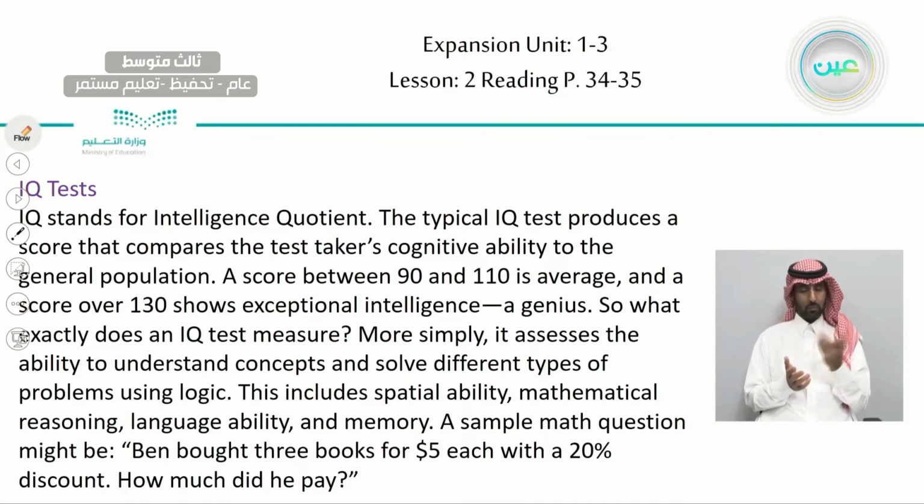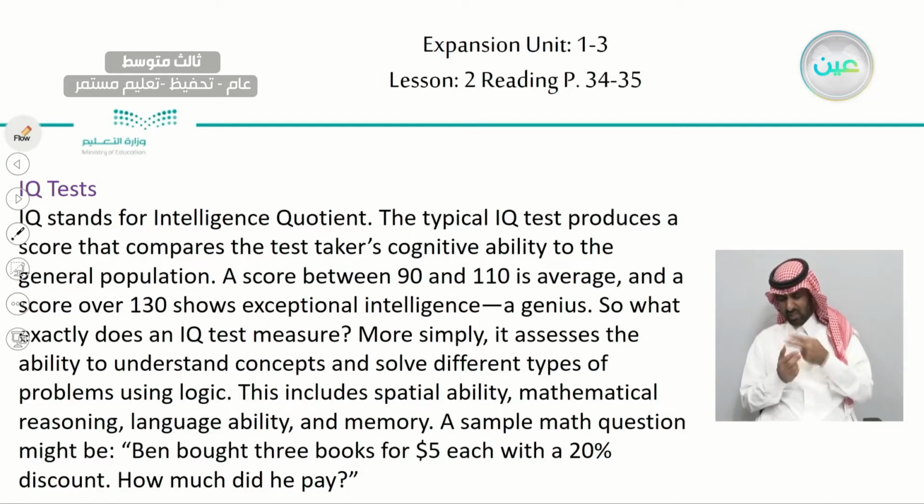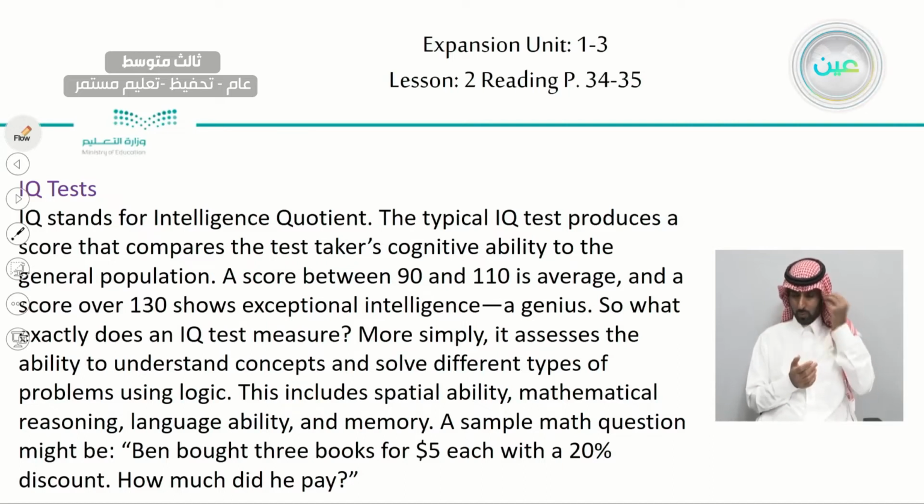So what exactly does an IQ test measure? More simply, it assesses the ability to understand concepts and solve different types of problems using logic. This includes spatial ability, mathematical reasoning, language ability, and memory. A sample math question might be, Ben bought 3 books for $5 each with a 20% discount. How much did he pay?